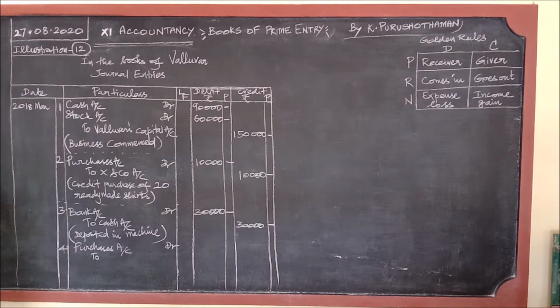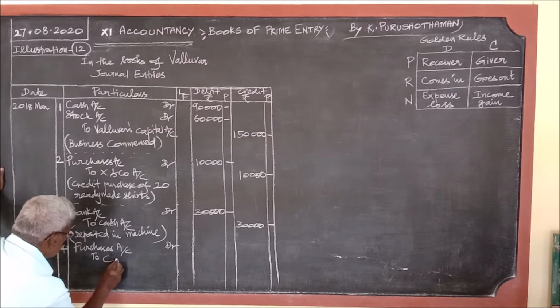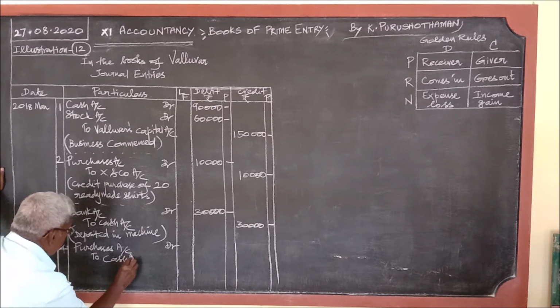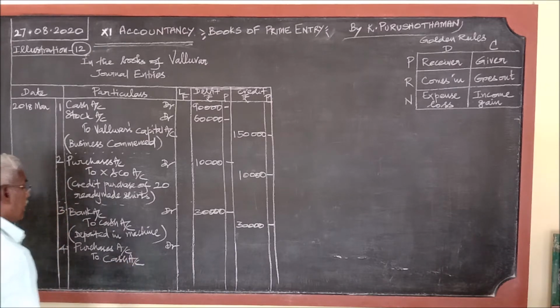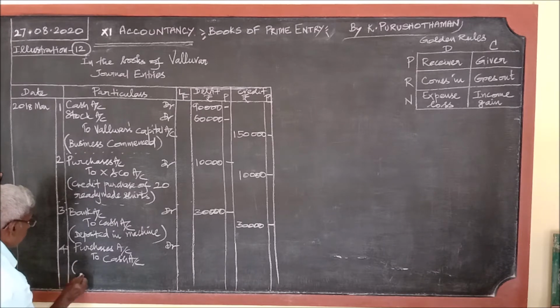Whether the cash is paid: purchased 10 ready-made sarees from Y and Co by cash. Cash is paid. So what goes out? Cash goes out, to cash account. Narration: cash purchase.